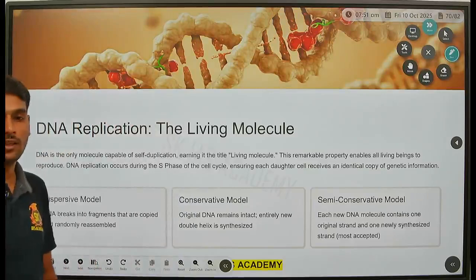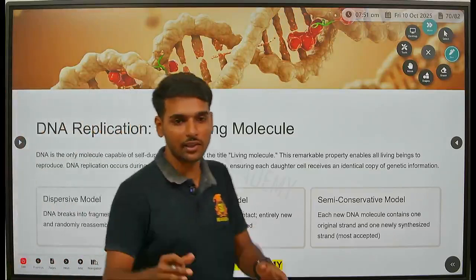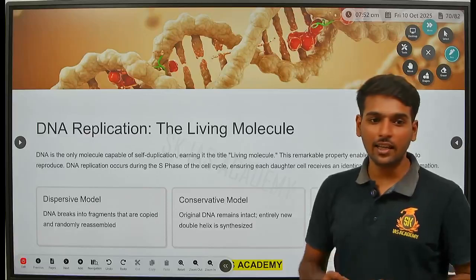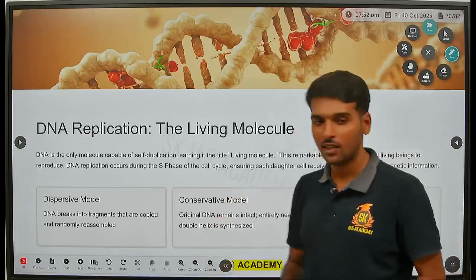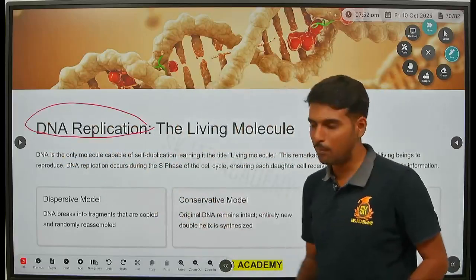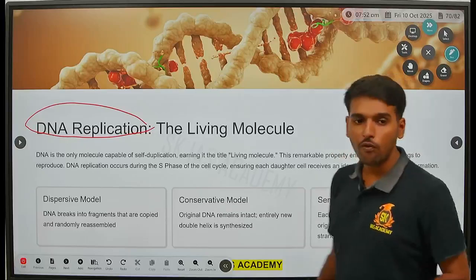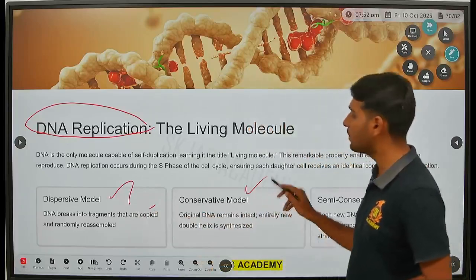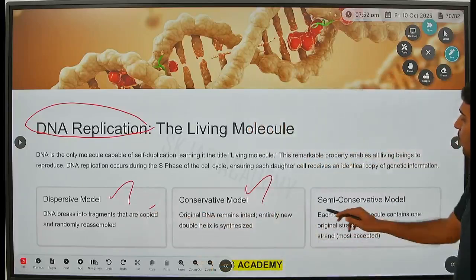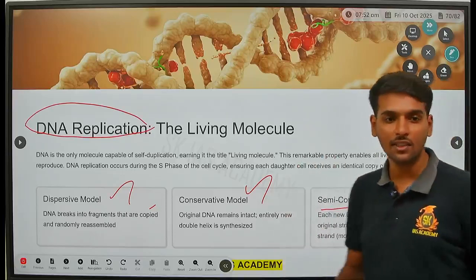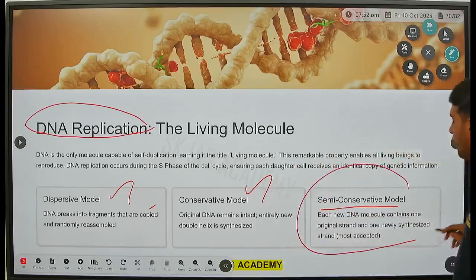DNA replication. We have seen in cell division that during the S phase of the cell cycle, the content of the DNA doubles. It doubles due to the process of replication. Now, for replication there are different models. One is the dispersive model, one is the conservative model, and the other is the semi-conservative model. But the most accepted model is the semi-conservative model.